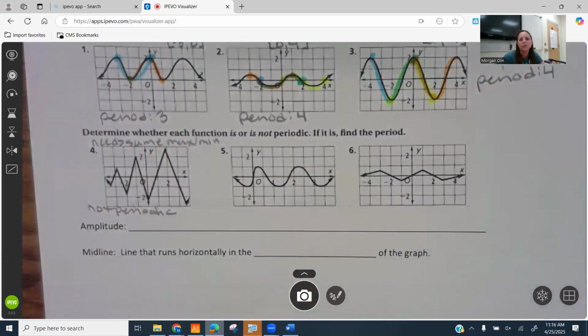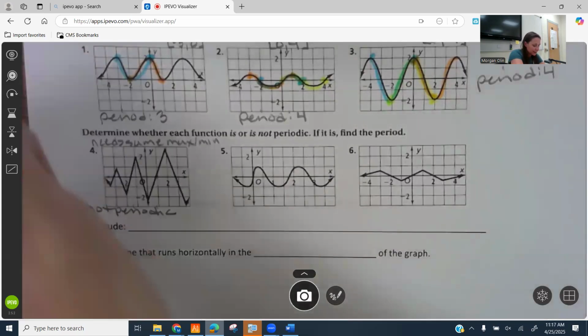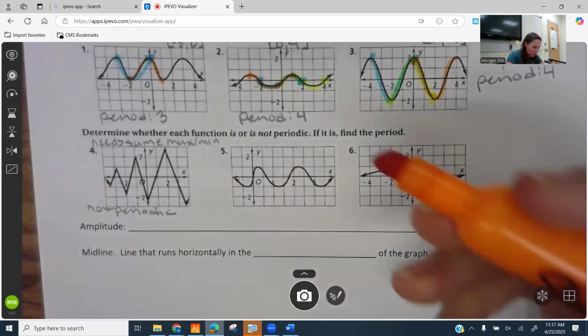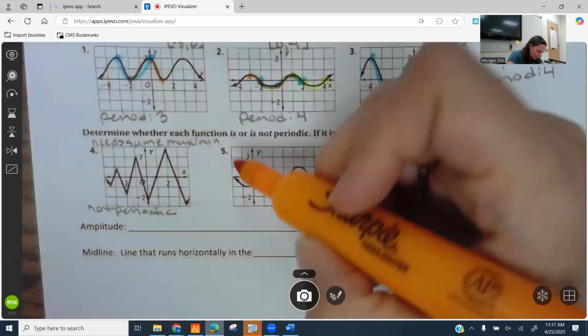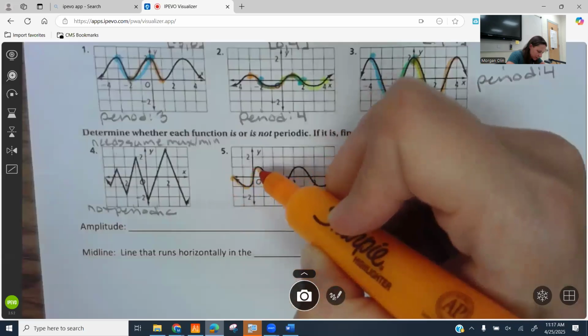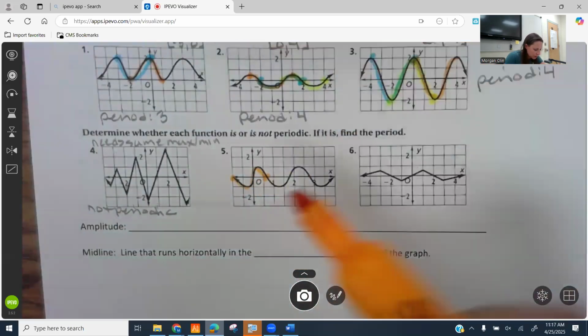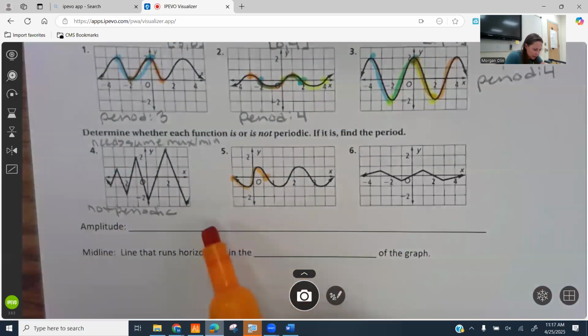Now here, I do have the same max and min, but I want you to look at this for a second. Okay. Now, when I start to look at this, let's highlight one cycle. Okay, so one cycle appears to be this right here. Now I want you to notice each box is worth a half, so be very careful here.